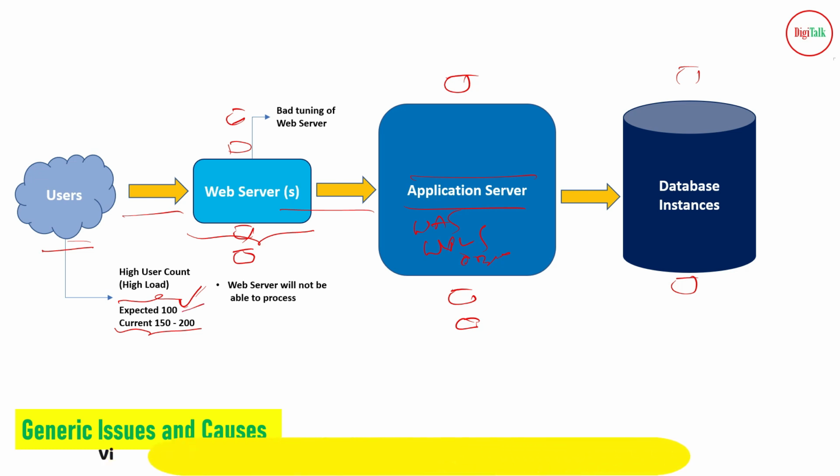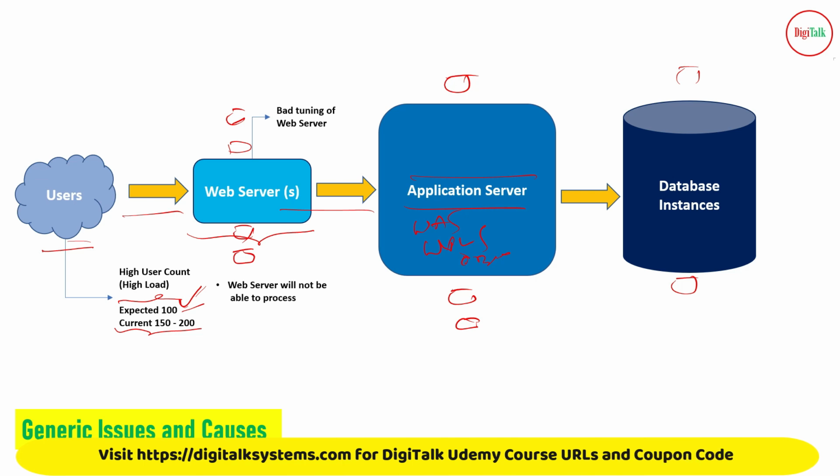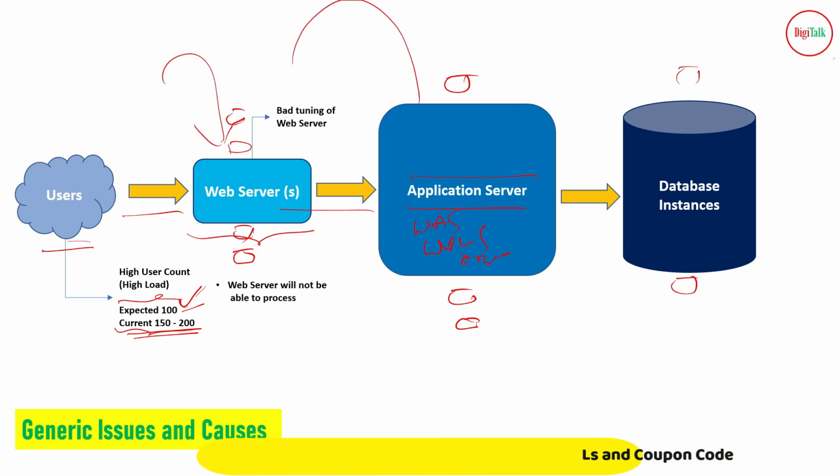So you designed your system for a concurrency of 100, but now you started getting a higher load. What will happen in that case? Your web server may create a problem, and along with that, your application server may also create a problem, because your system is not designed to cater to 150 or 200 users. It is designed only for 100 users. So if the load increases, then definitely the processing of your application is going to be hampered, right?